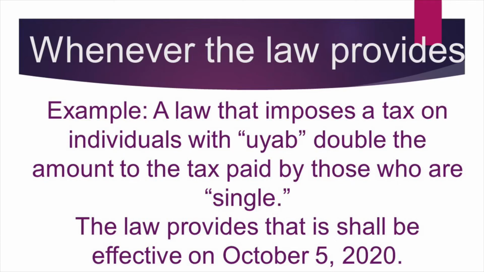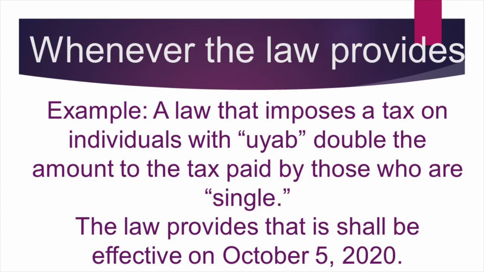Now, what do we mean when we say whenever the law so provides? An example would be this: a law is passed that imposes a tax on individuals with a partner, double the amount of the tax paid by single individuals. And then the law provides that it shall become effective on October 5, 2020.